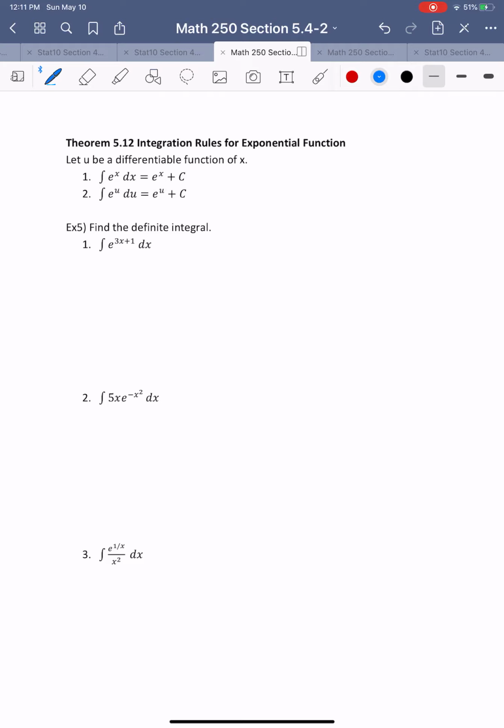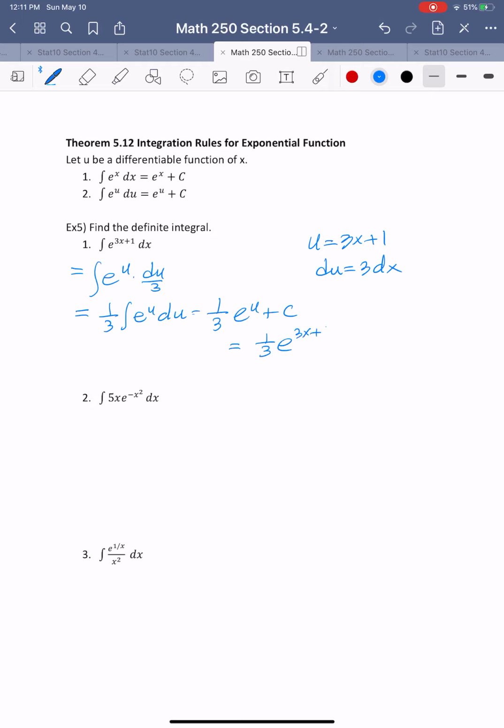So you can use a substitution. u equal to 3x plus 1, so du is 3 dx, which means dx is du over 3. Pull out the 1/3: integral of e to the u du, which is e to the u plus c. And then 1/3 e to the 3x plus 1 plus c.